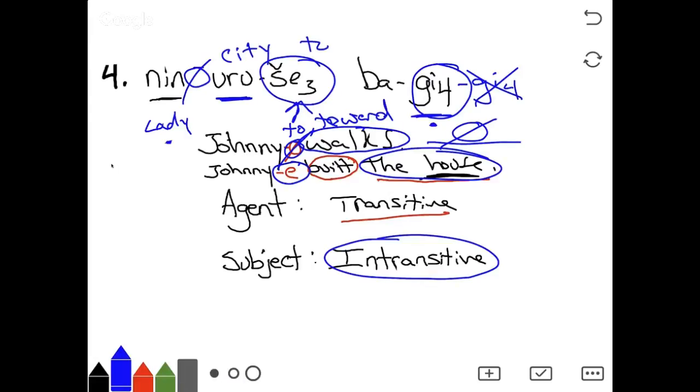This means to. So they would say to the city. So the lady returned to the city. And there you go. Boy, this would be a really interesting screen to look at after the fact.